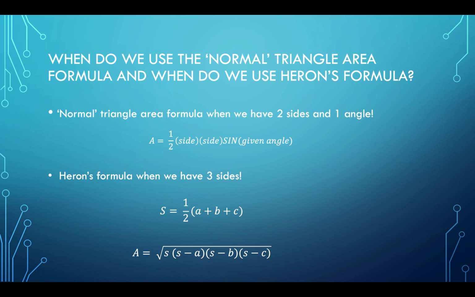The area formula for Heron's formula is area is equal to the square root of S times S minus A times S minus B times S minus C. So you're taking the semi-perimeter minus side A, times the semi-perimeter minus side B, times the semi-perimeter minus side C.